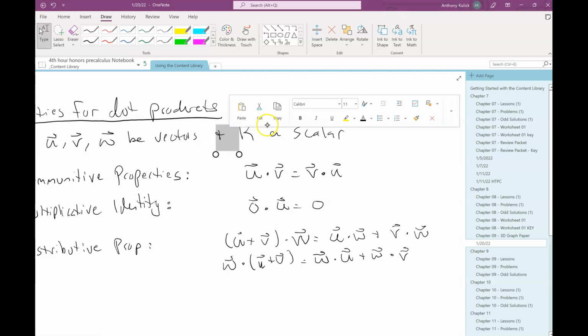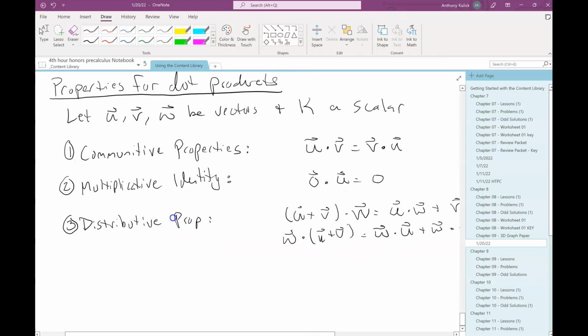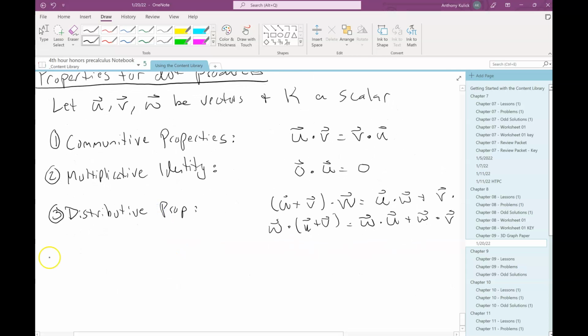We have the distributive property. There's the scalar multiplication associative property.